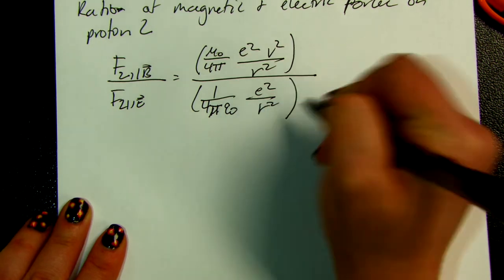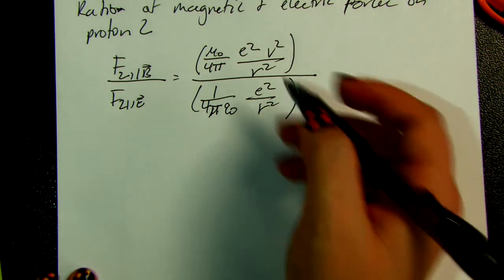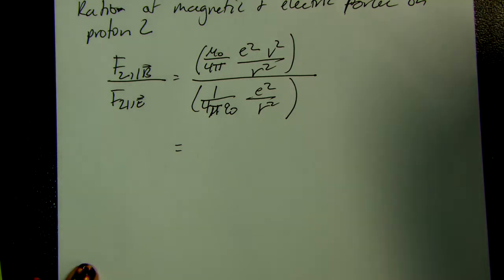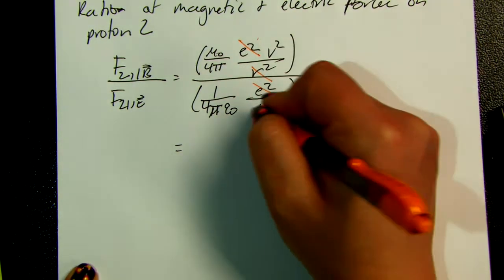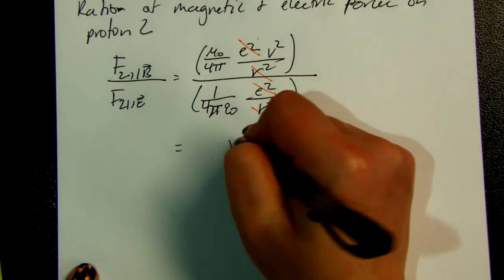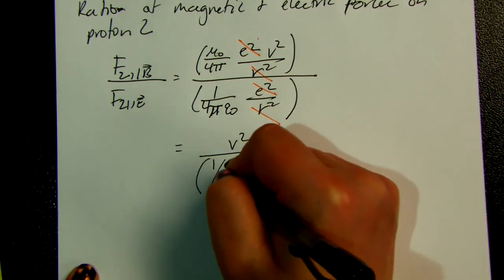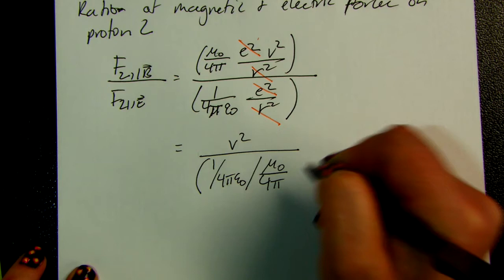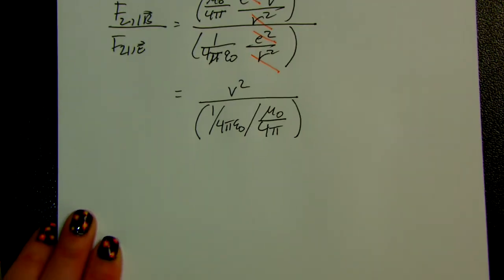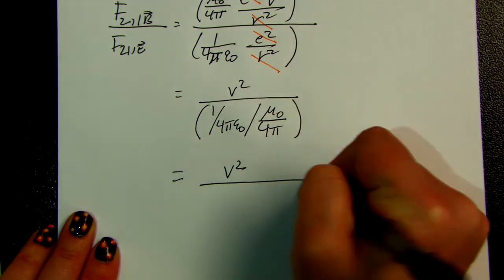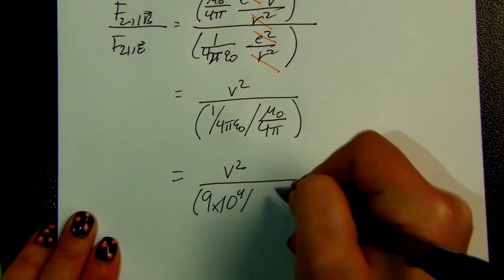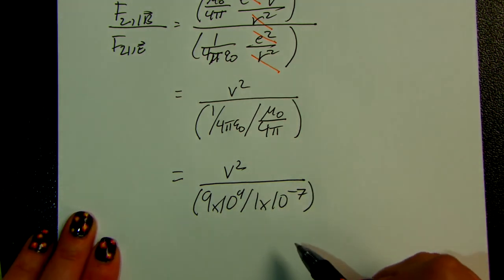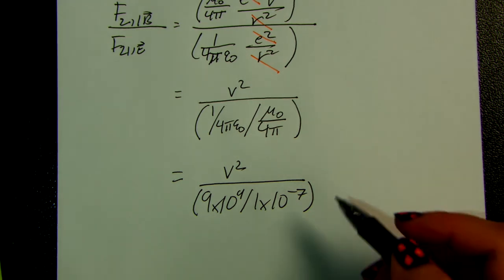So we can see this is equal to, got some cancellations, so this is equal to V squared over 1 over 4 pi epsilon naught divided by mu naught over 4 pi, is equal to V squared over 9 times 10 to the 9 divided by 1 times 10 to the minus 7, plugging in the values for 1 over 4 pi epsilon naught and mu naught over 4 pi.